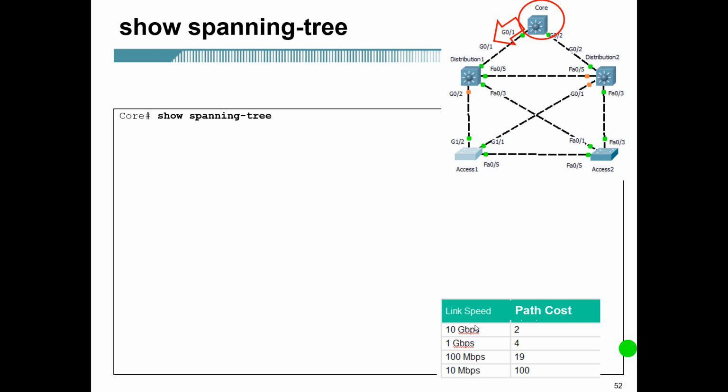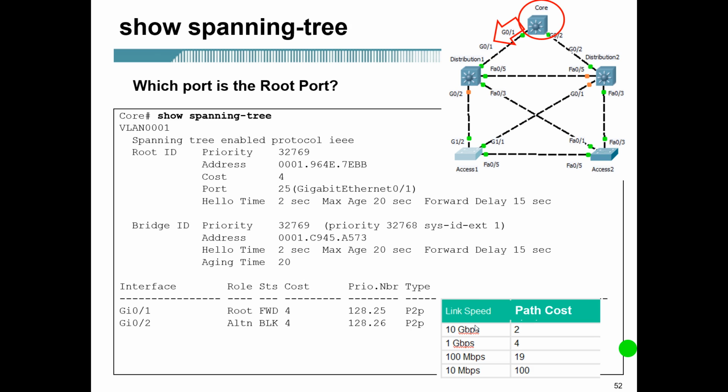So let's look at our spanning tree. Which port will be the root port? It has two equal path values, gigabit 0/1 and gigabit 0/2. So one of these will become the root port, and one will become an alternate port.